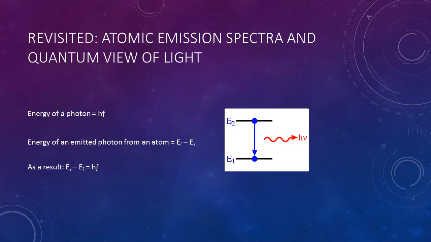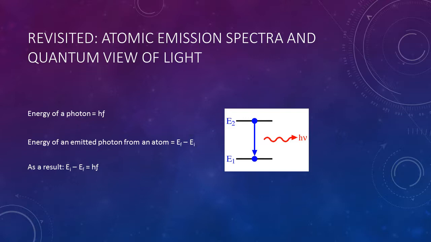So as a reminder, atomic emission spectra are formed when electrons make transitions between energy levels in their atomic orbitals. The energy of the emitted photon is in fact just the difference between the energies of the two atomic orbitals that the electron was transitioning between.